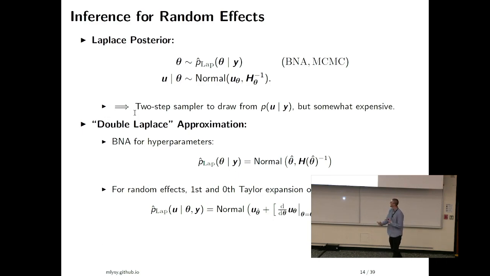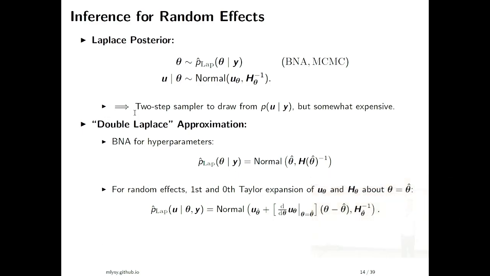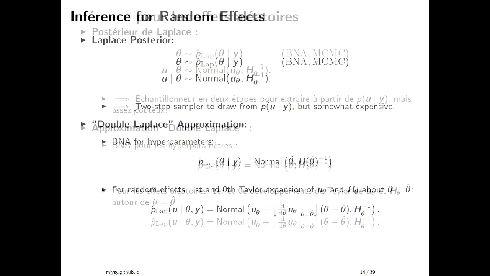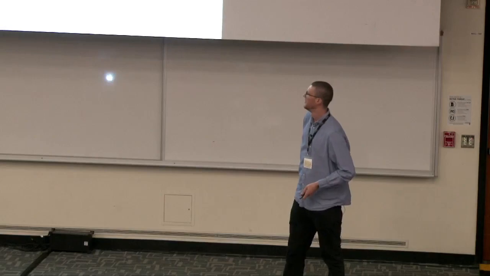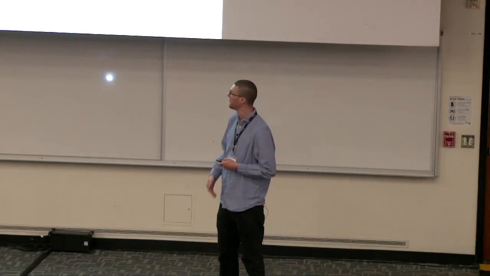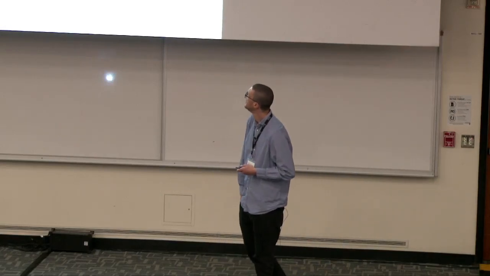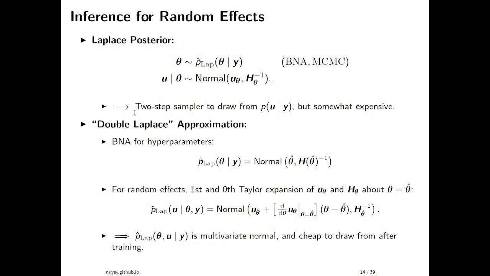So now everything is going to go much faster. I can do a one-time calculation of all this, and now I can just sample from this. It's now normal in the hyperparameters, and then conditionally normal in the random effects, and now it's very, very fast. So this is also cheap to draw from.